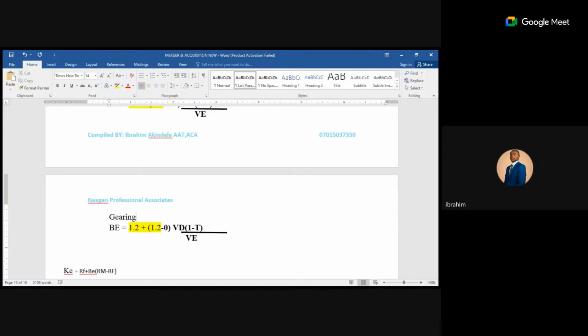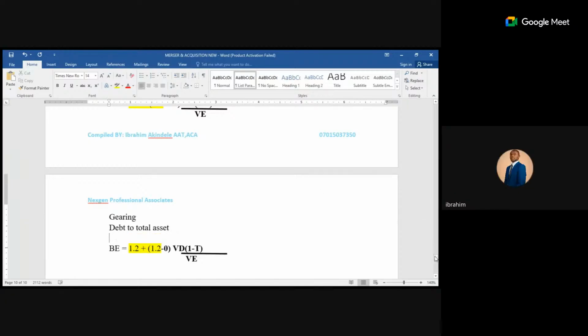Debt to what? Debt to total. I think 40% is the debt, so equity will be 100.